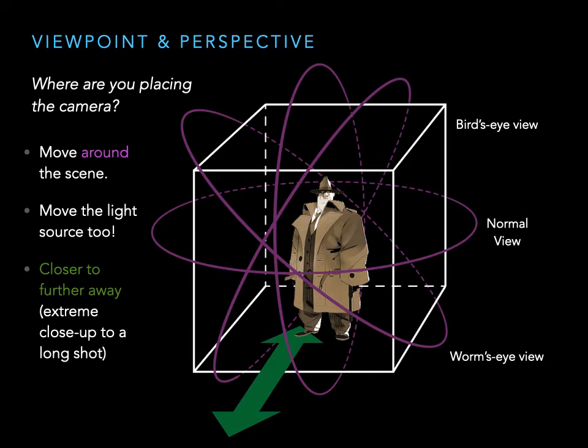What makes that tell the story in the best light? So move it around. As you're experimenting with your compositions, you've got to think about moving towards and away, above and below. Move the lighting so it's back behind the figure, in front of the figure, off to the side. Change it up throughout your experiments so that you figure out for sure that this is the way it needs to be.